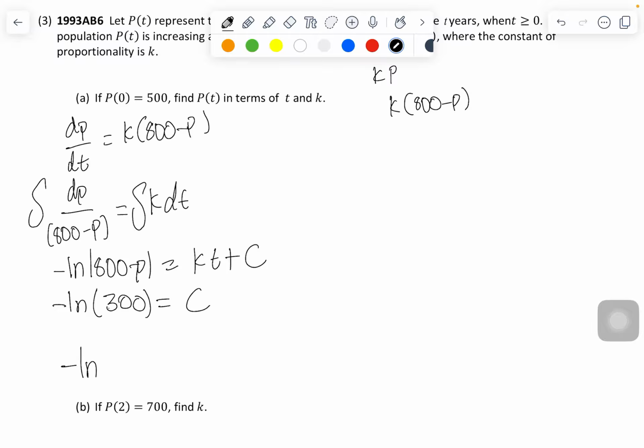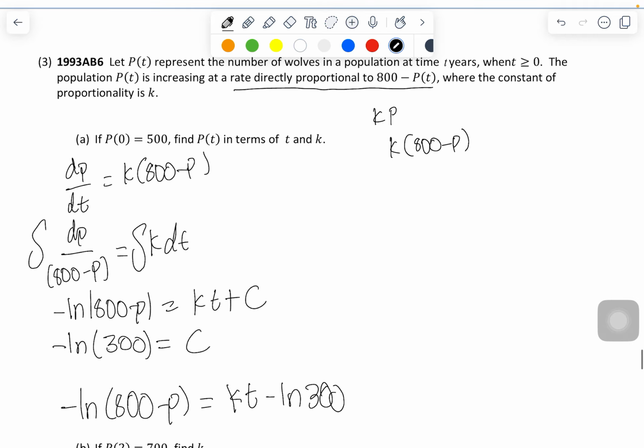So negative ln of 800 minus p is equal to kt minus ln of 300. Once we have this, we can multiply the negative over, so it's easier to read. Ln of 800 minus p is equal to negative kt plus ln of 300.